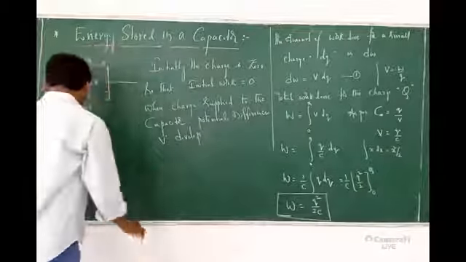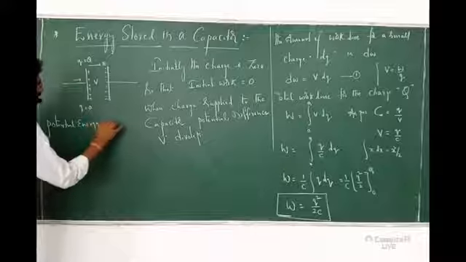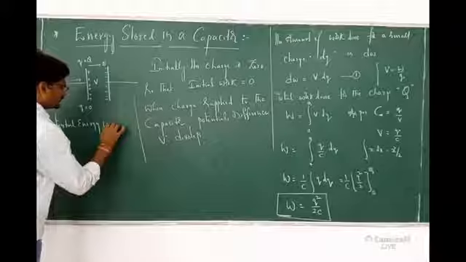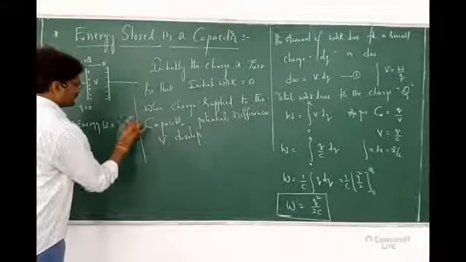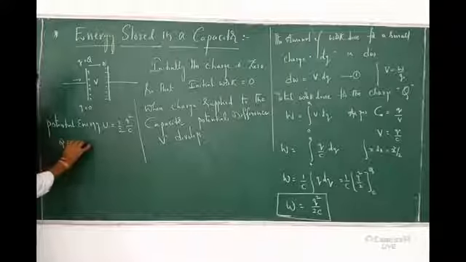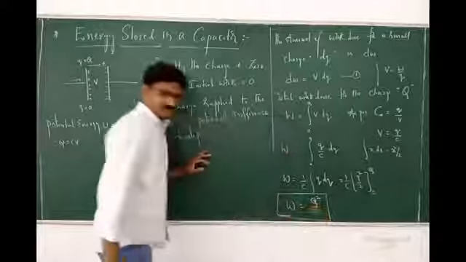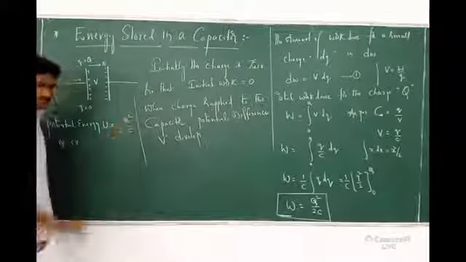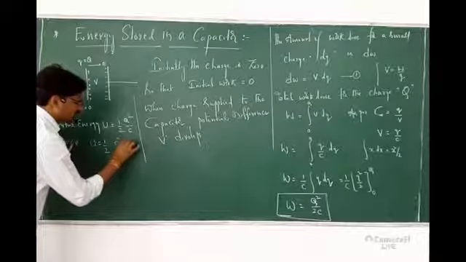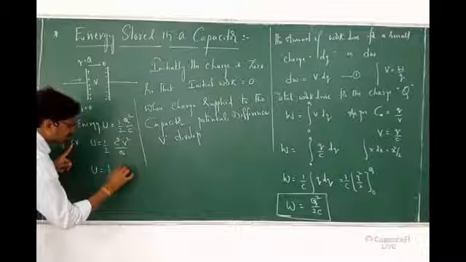So the potential energy U is equal to half Q square by C. Here I substituted capital Q. Since Q is equal to CV, U is equal to 1 by 2 times C square V square by C. So U is equal to half C V square.